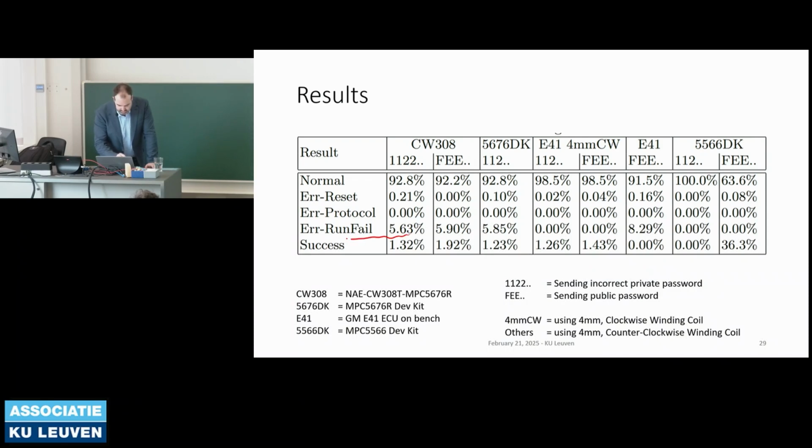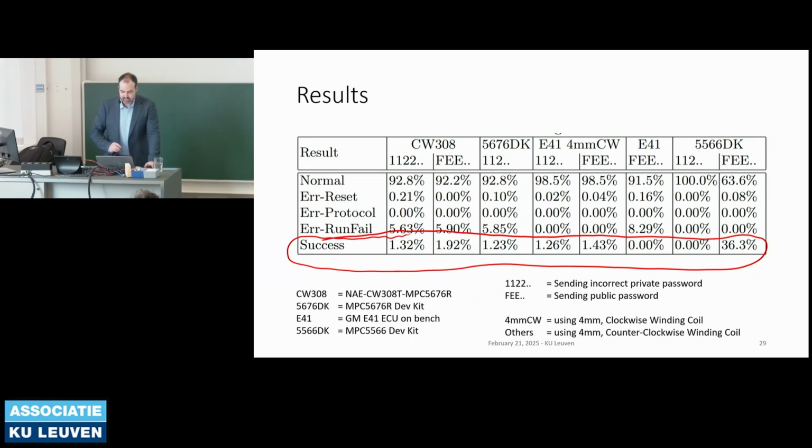To give you an idea, the success rate can vary widely. In this case, I was having like a 1% success rate on most of the devices here. On one of the devices, it was suddenly super successful, like 36%. With fault injection, we're not guaranteed to always be successful.